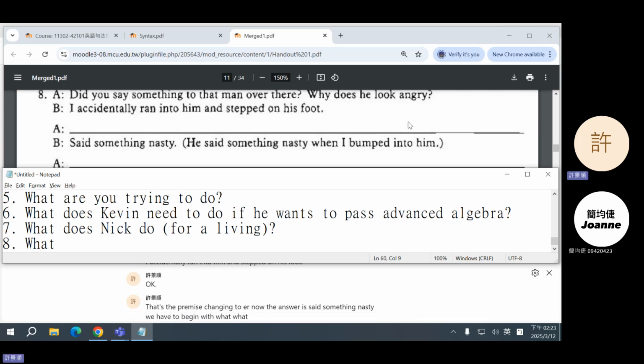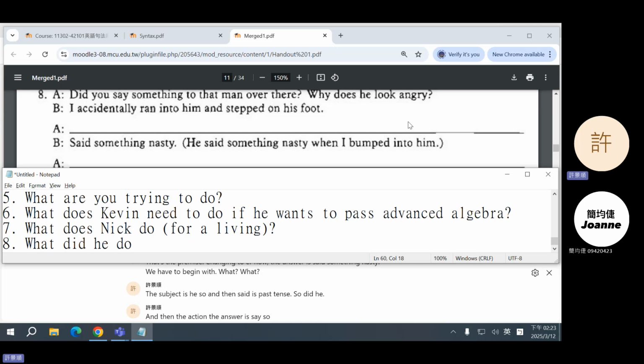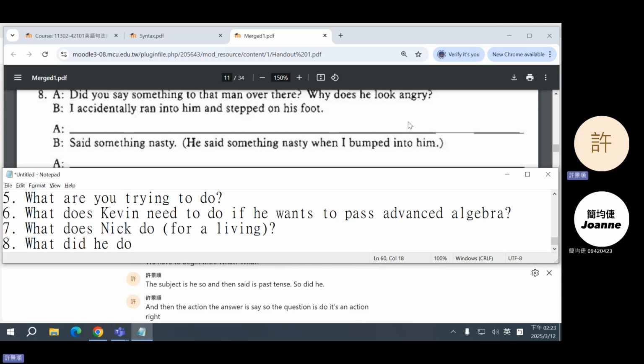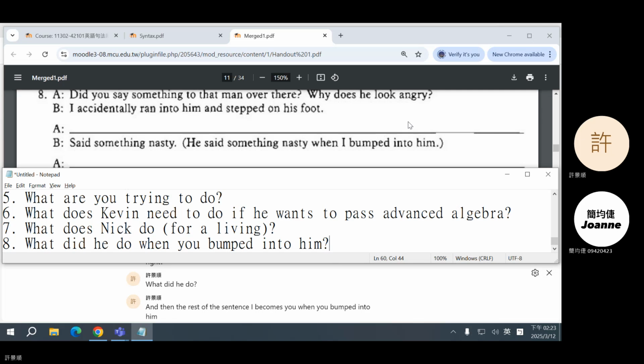The subject is he. So, and then said is past tense. So, did he? And then the action, the answer is say. So the question is do. It's an action, right? What did he do? And then the rest of the sentence, I becomes you when you bumped into him.